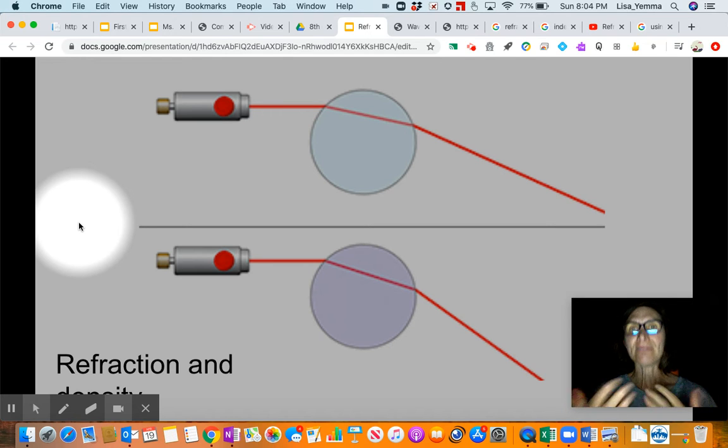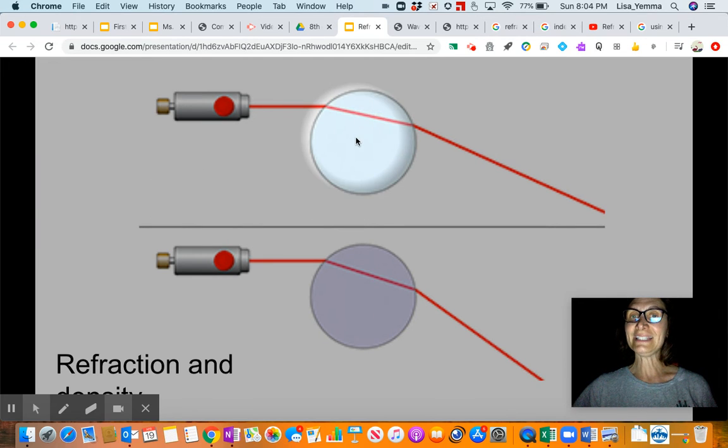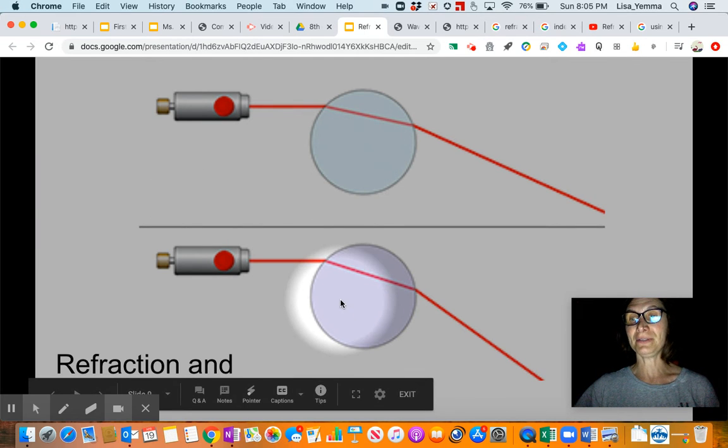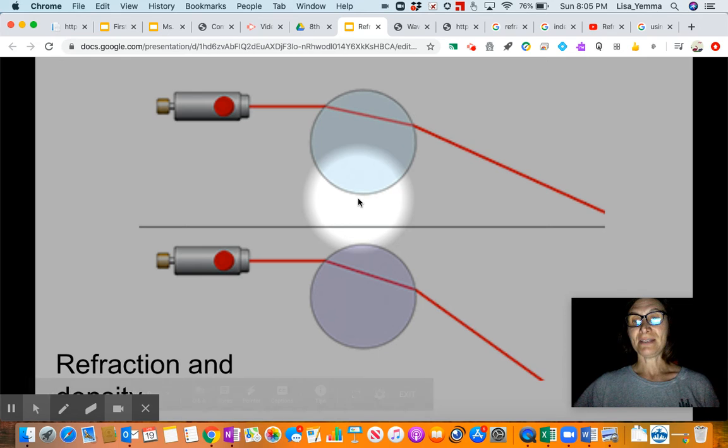If I have light traveling through space, which I do, and it goes through a medium that's different than space, the light will bend. And when the light bends or refracts, I will be able to tell the density of the material based on the index of refraction.